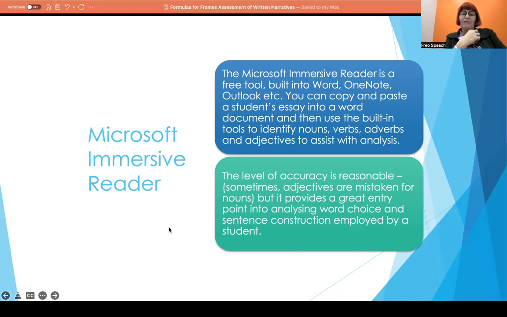And look, the level of analysis is reasonably accurate. Sometimes adjectives might be mistaken for nouns, but that's a small price to pay for a really useful snapshot of the linguistic devices across those 4 areas employed by your student.